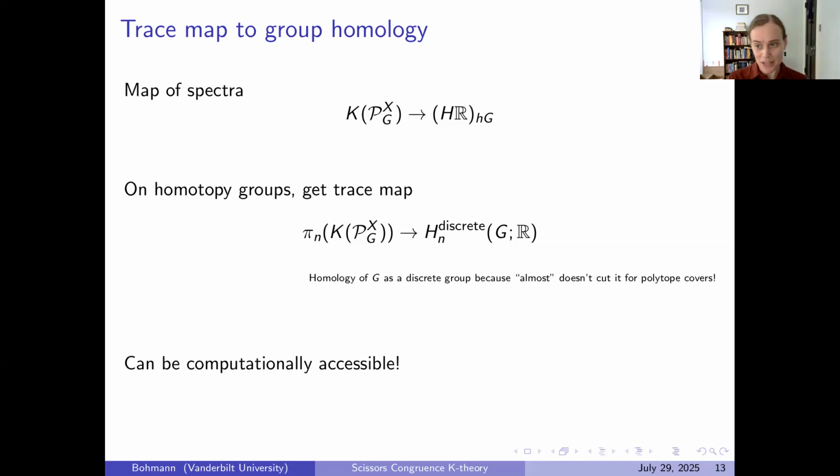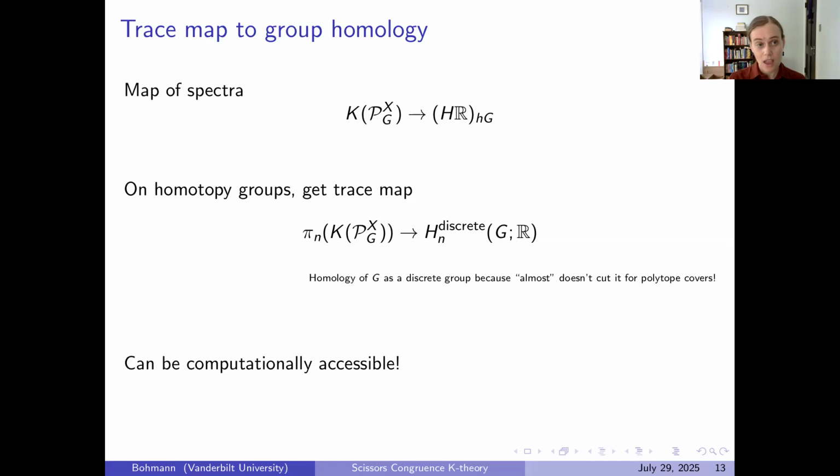This is a bit of a bummer because the group homology is less pleasant and less well known in the case where we're looking at these topological groups made discrete, but that's what comes out of the structure. So inherently, what I want to emphasize and what this reflects is that scissors congruence is a very combinatorial construction, and it's not nearly as topological as you might hope, at least after we've passed to this algebraicization.